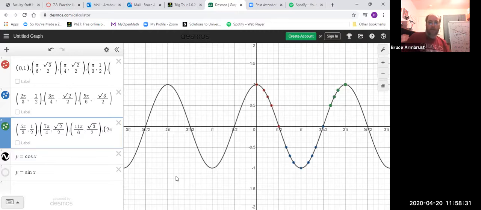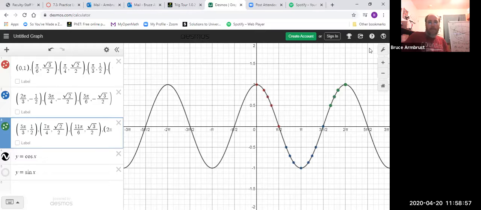It keeps bouncing back and forth between +1 and -1, just keeps alternating back and forth. And it keeps repeating. We keep seeing the same thing over and over. All right, so there's a graph of y equals cosine of x.